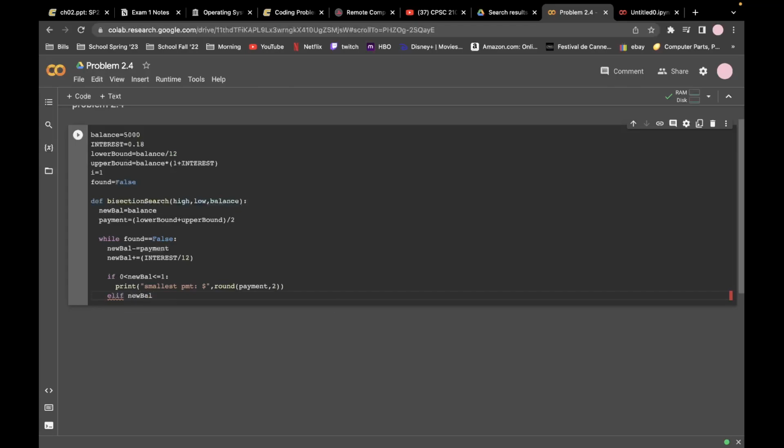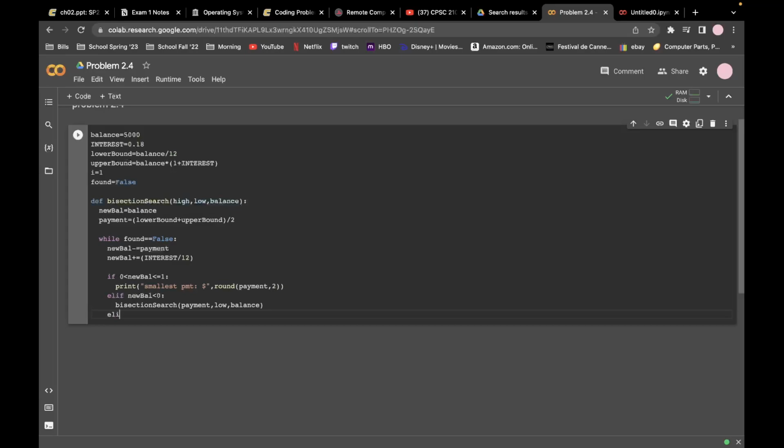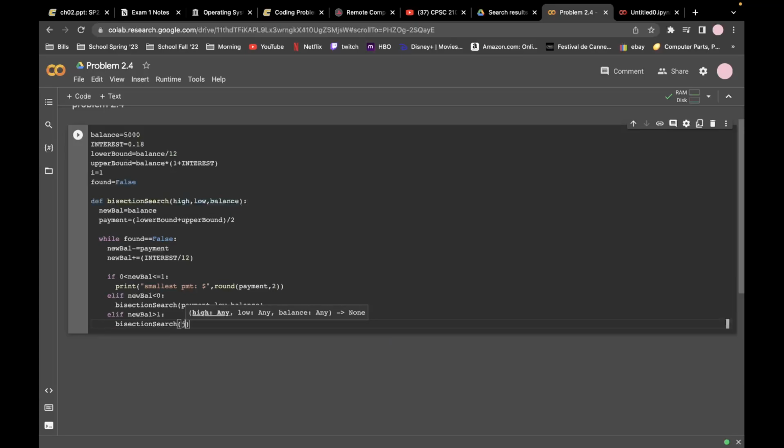If the new balance is less than 0, we want to use the recursive function of this, which is bisection search. So if it's less than 0, we want the payment to represent the upper bound. And if new balance is greater than 1, we want to use the bisection search, and we want the payment to represent the lower bound for this one.